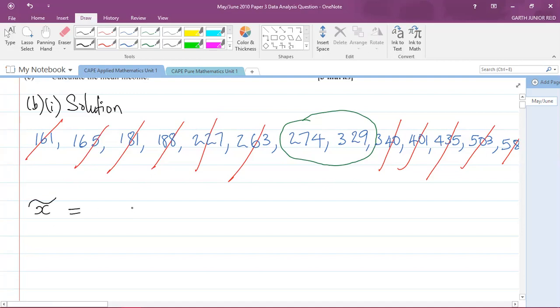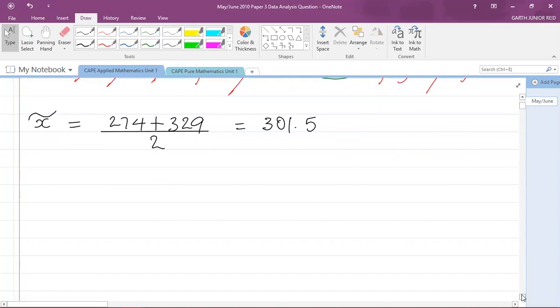So the median is the arithmetic mean of these 2 values: 274 plus 329, the sum of those values, divided by 2. If you put that into your calculator, you should get a value of 301.5.